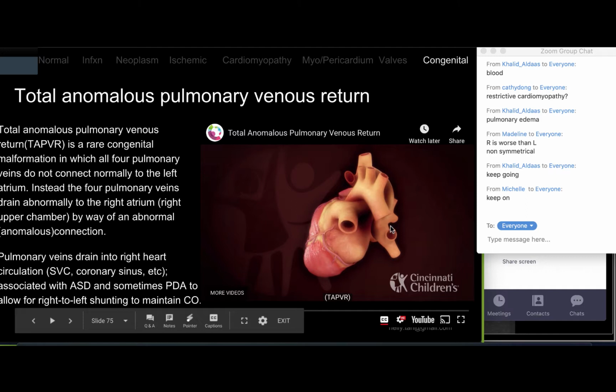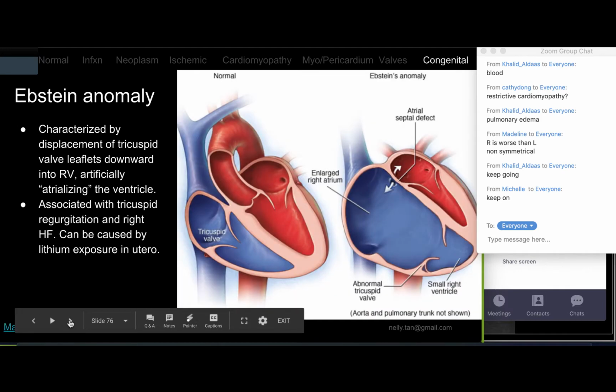But in patients with TAPVR, it communicates here, and there's this vessel that then dumps into the right atrium. So there's no venous return into the left atrium. That also causes the right to left shunt. And patients usually have a VSD, otherwise it's a non-viable structural deformity.